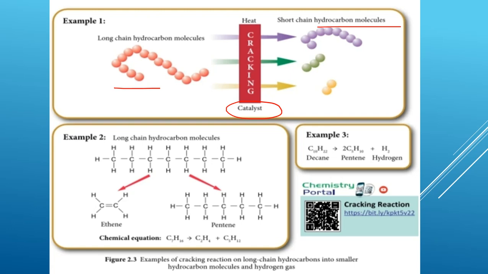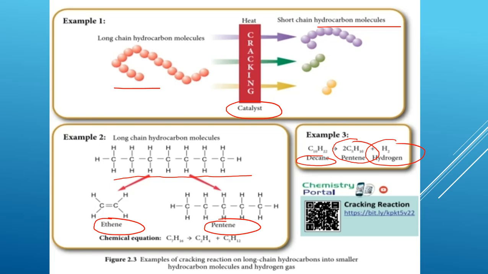Okay, for example here, this is a long chain hydrocarbon molecule, dia crack into ethene and pentene, yang short one lah. Okay, so like this one also, decane C10H22, C10, so panjang lah, so dia break into pentene and hydrogen, shorter chain sudah.